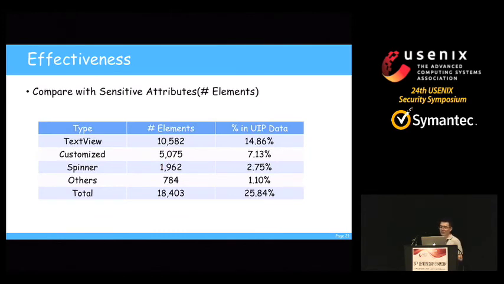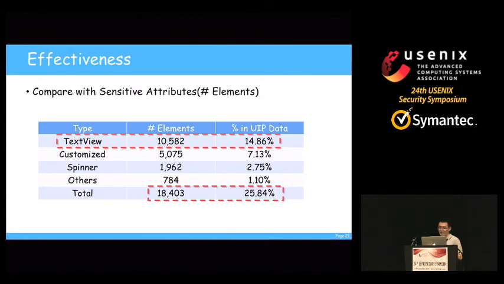We also list identification results of UIP data elements other than the standard type named EditText, which Android provides. In general, UIPicker finds over 25% of elements other than EditText to accept user-sensitive inputs, which cannot be found without the behavior-based result filtering process.